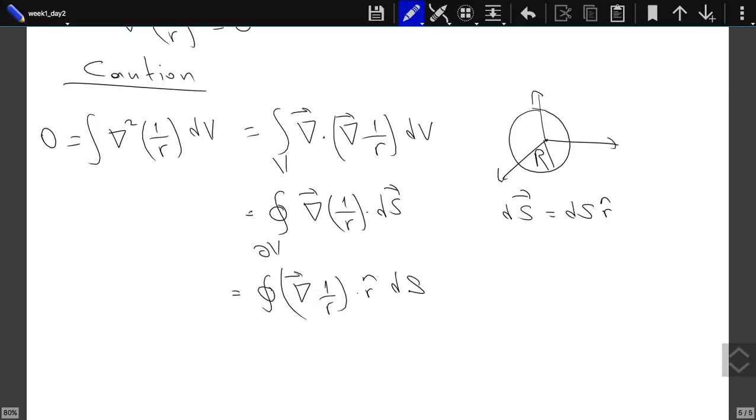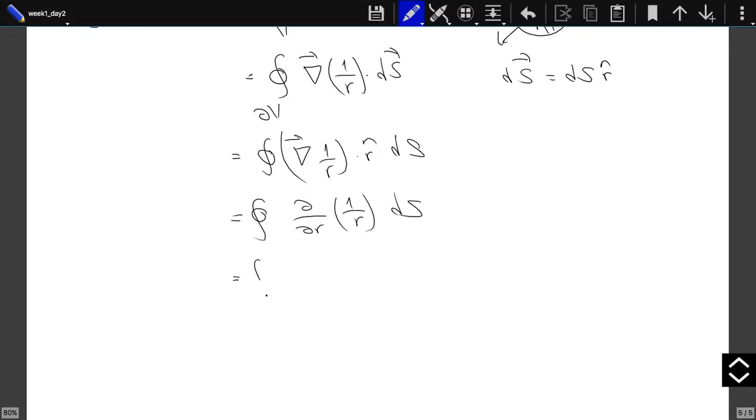This is just the radial component of the gradient. We had already evaluated this in spherical coordinates. So this is equal to d over dr of 1 over R, ds. That derivative is minus 1 over R squared, ds.